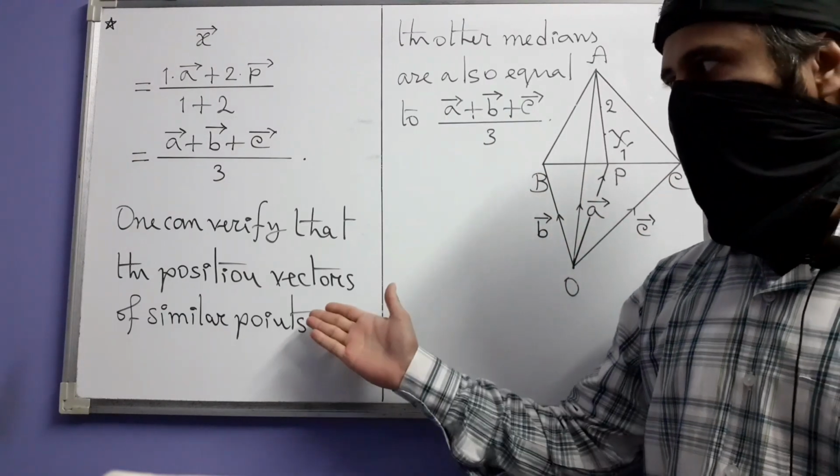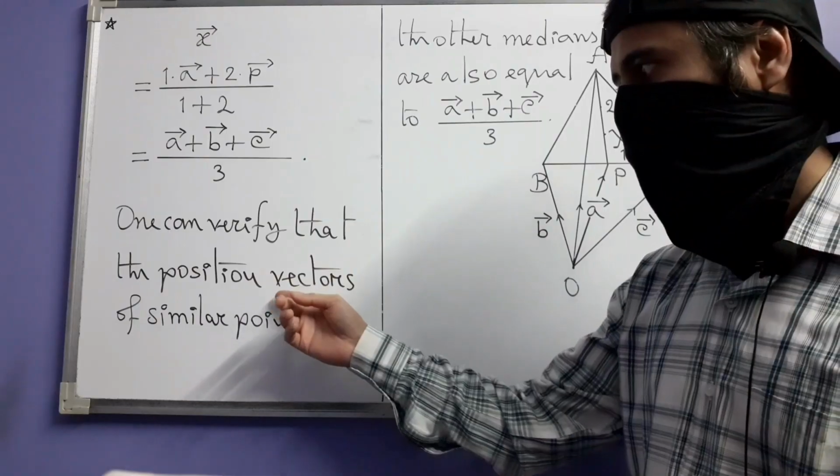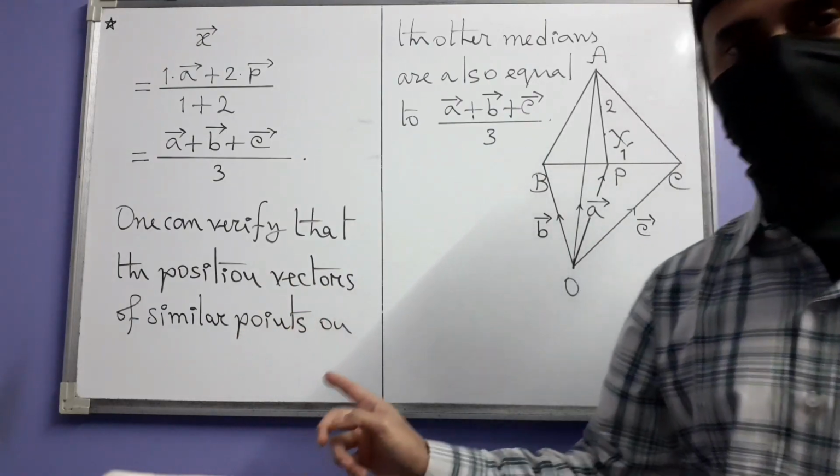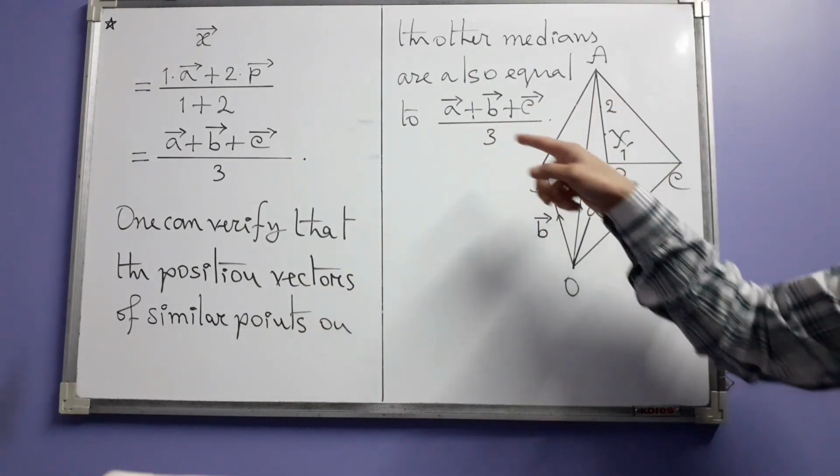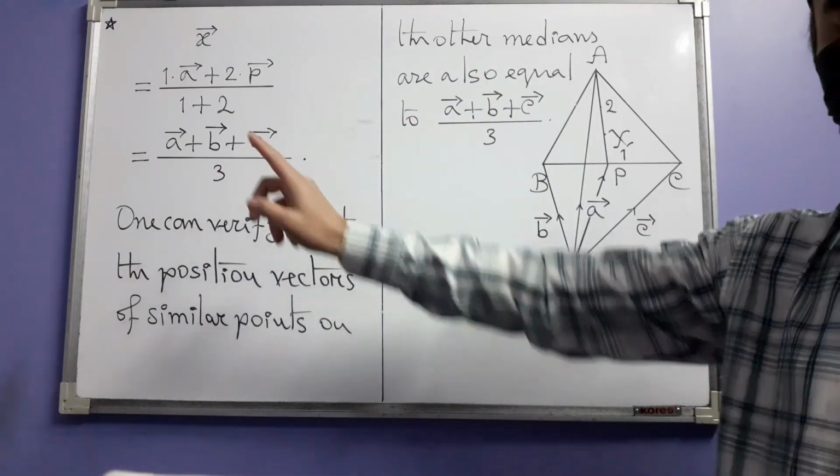And here is the next observation. One can verify that the position vectors of similar points on the other medians are also equal to this vector.